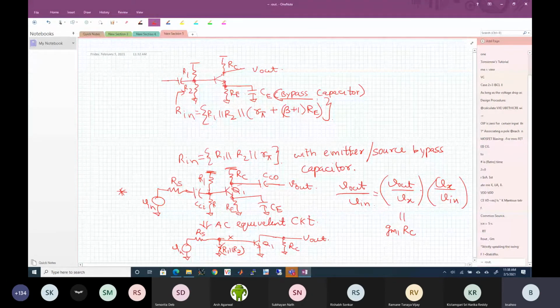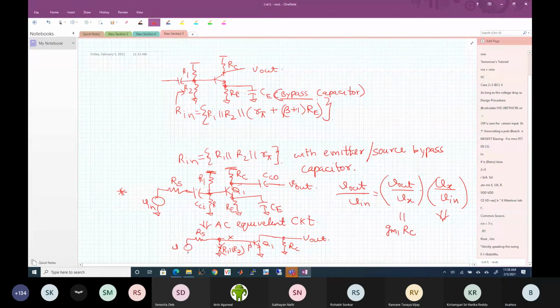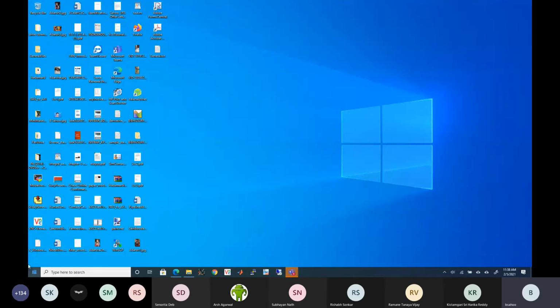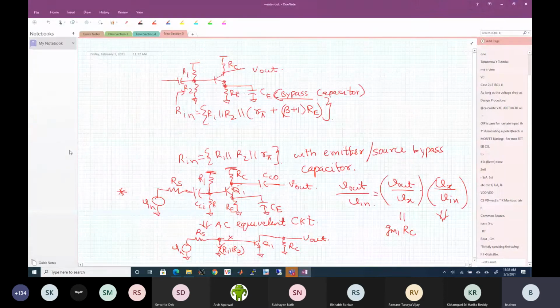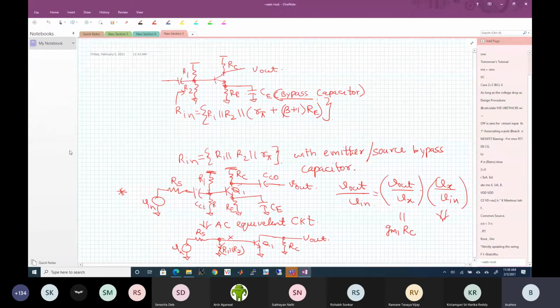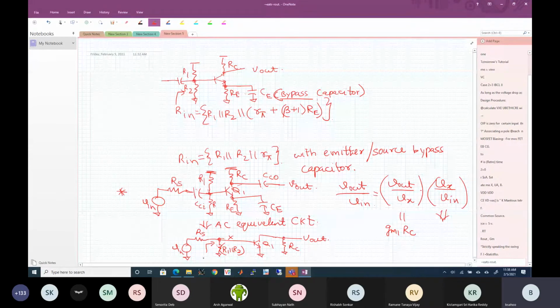To find Vx over Vin, I need the resistance looking into the base, of course. That means I need to find the resistance looking into this node. This resistance is Rin.